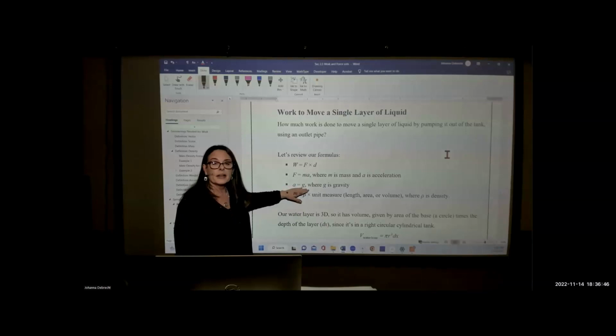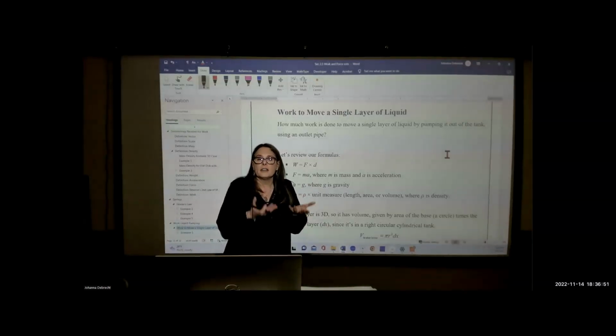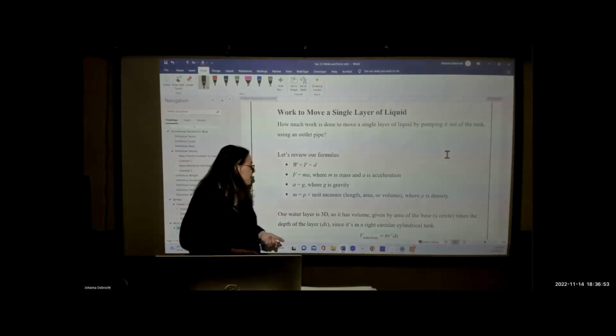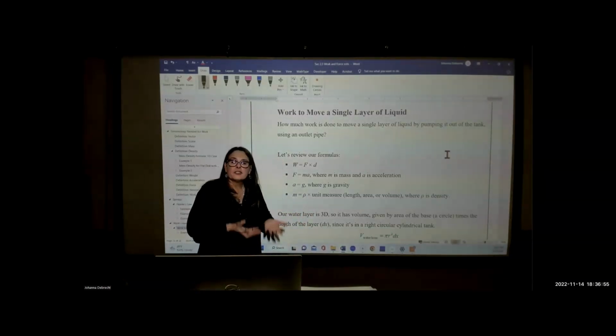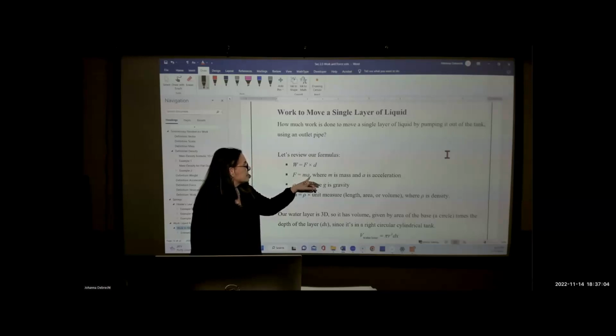We know that acceleration in this case is gravity because lifting the water out is fighting gravity. That's the force we're having to exert, to overcome the acceleration of gravity, which is pulling it down. And so we can replace the a with g, so we get mass times g times distance.